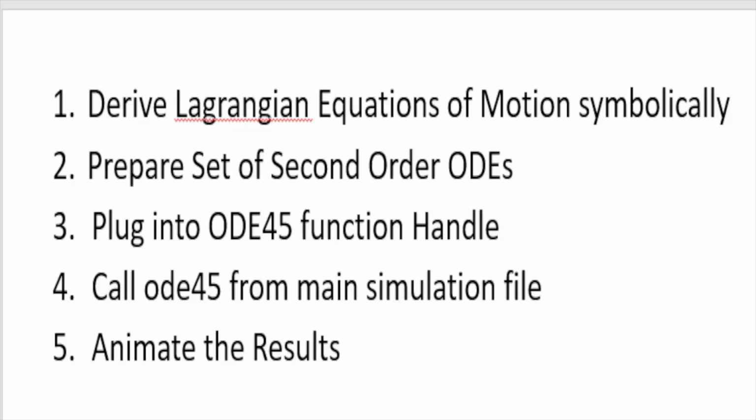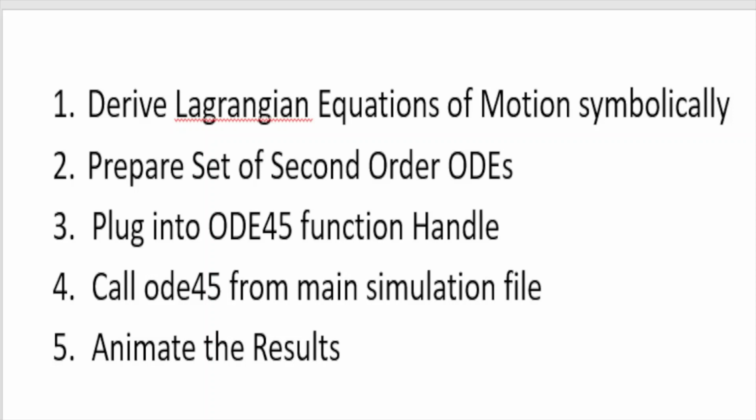This slide shows us the workflow. First, step by step, we're going to derive Lagrangian equations of motion in Matlab symbolically, and then prepare the set of second order ODEs, because once we derive them symbolically, we'll still have theta 1 double dot and theta 2 double dot appearing in equations 1 and 2.